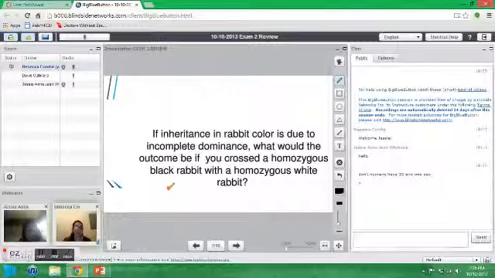That's codominance. That's alright. That's why we're doing this review, so we can figure out where we need to spend extra time. Wouldn't it be like a 50-50 chance of whether it would go black or white?